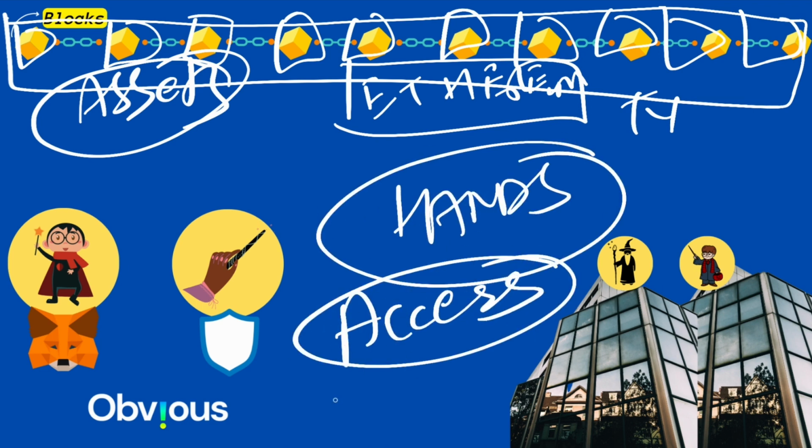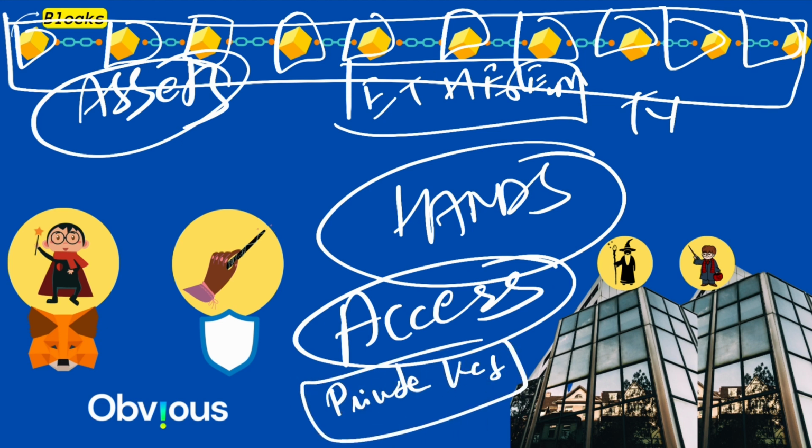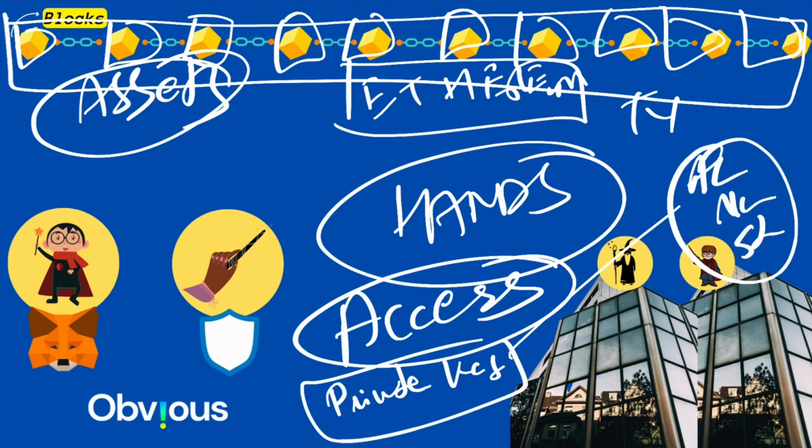This access is basically in the form of a private key. This private key is a long alphanumeric string, let's say a very long password, which you use to access the funds within a blockchain and transfer it to someone or do any kind of complex transaction with it.